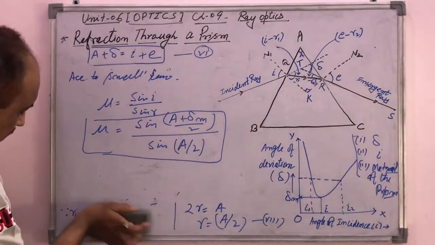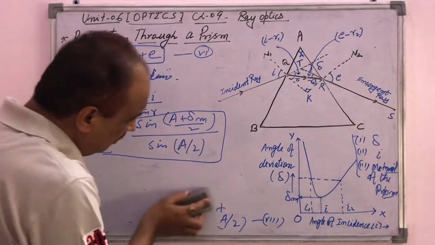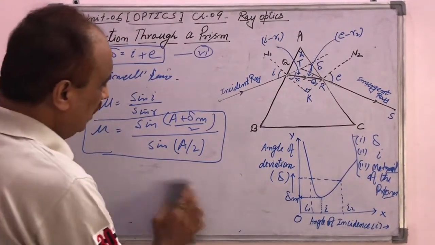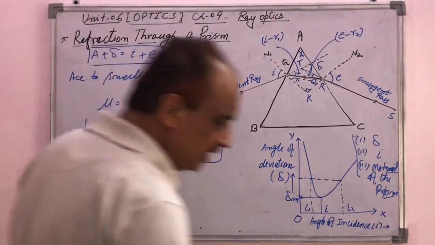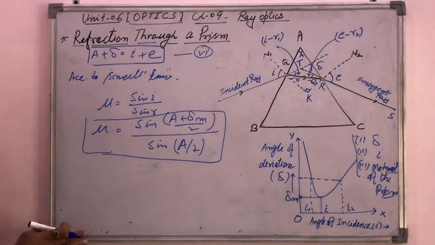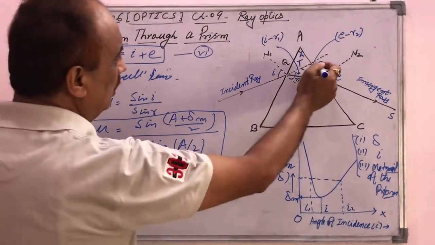After that we can find the next relation, which is related to this formula. If the angle of incidence and angle of emergence are very small, we can find delta m.